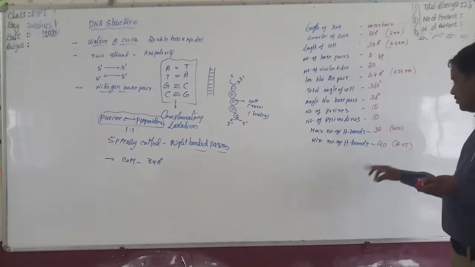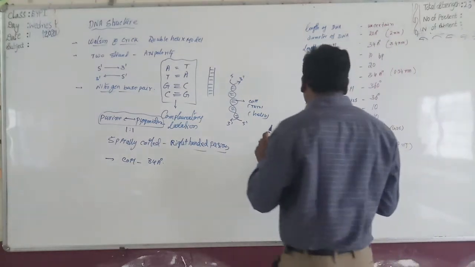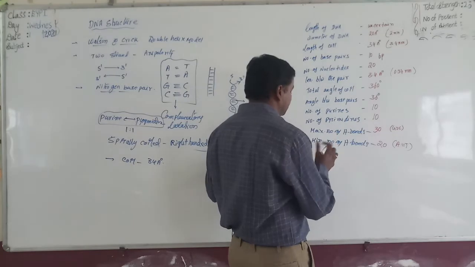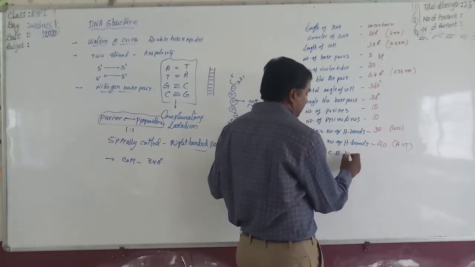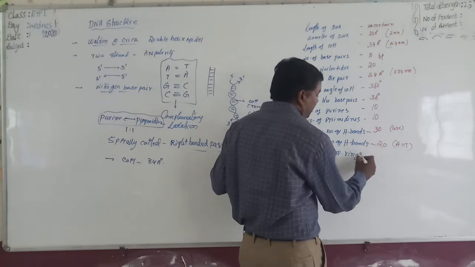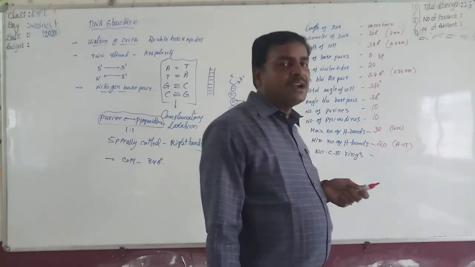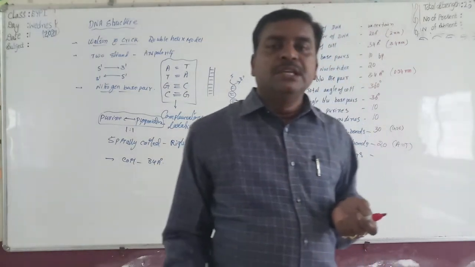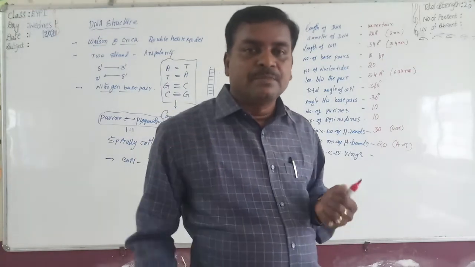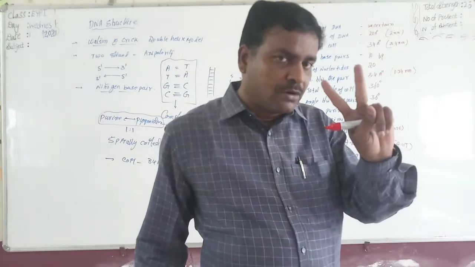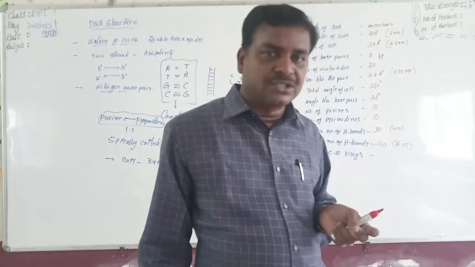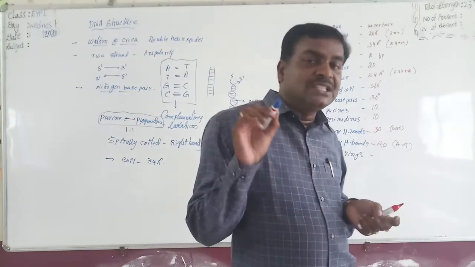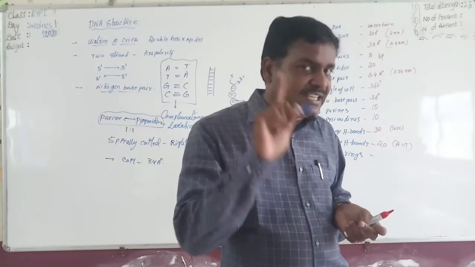And what about the CN rings? Total number of CN rings. What is a CN ring? Each purine is represented by 2 CN rings in its molecular structure. Similarly, each pyrimidine consists of 1 CN ring.